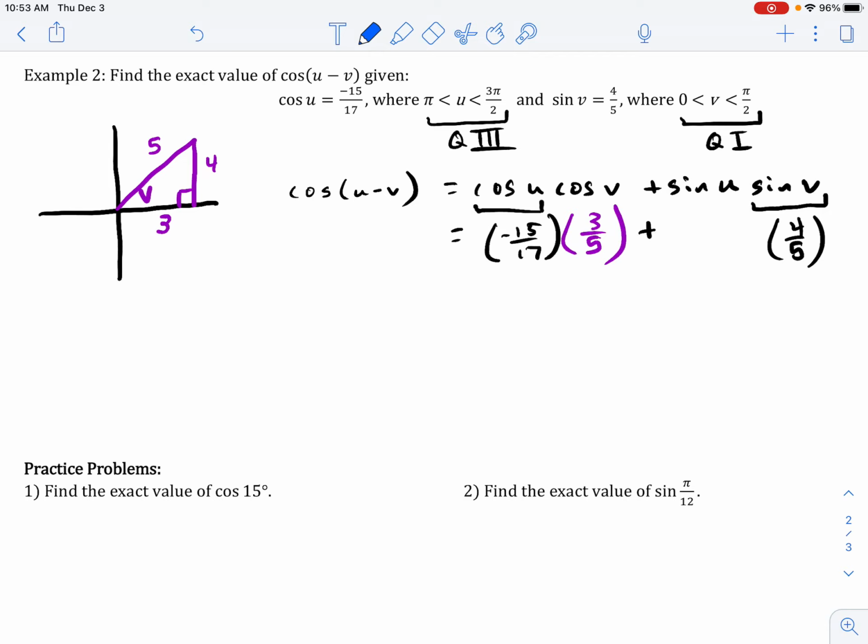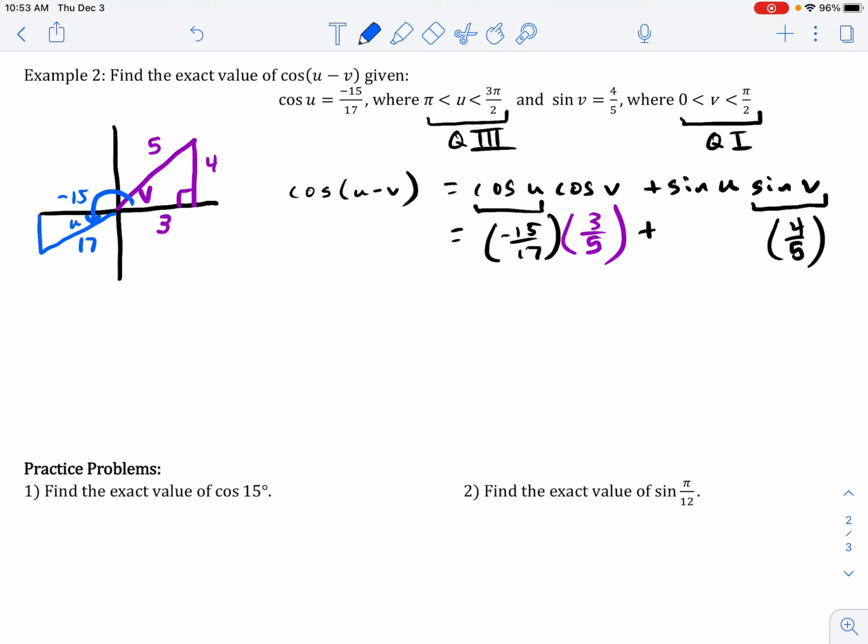We know it's in quadrant 3, and we know that our adjacent side for our angle u is negative 15. Our hypotenuse is 17 because we know cosine of u is negative 15 over 17.